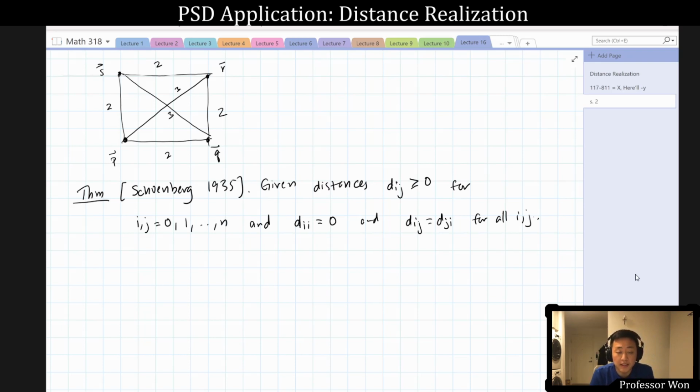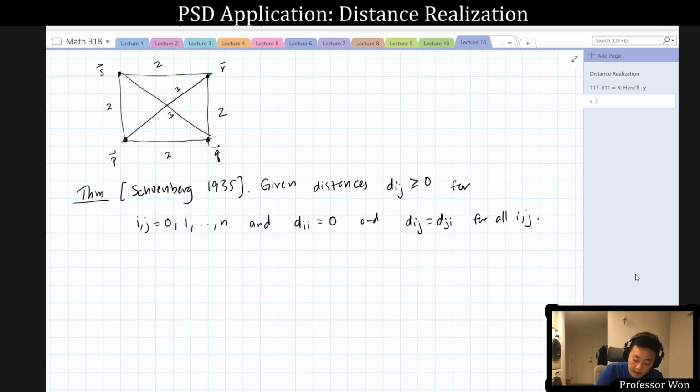In other words, what these dij's are going to be are the distances from my point i to my point j. And certainly the distance from i to i should be 0. And the distance from i to j should be the same thing as the distance from j to i. So I'm just setting up the distances so that they obviously first need to satisfy these two obvious things.